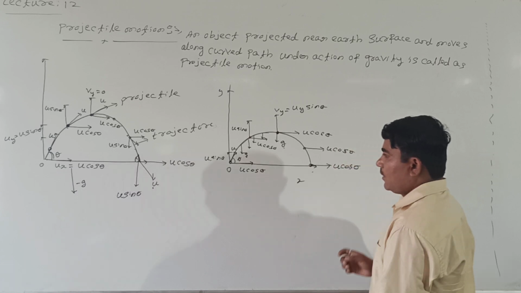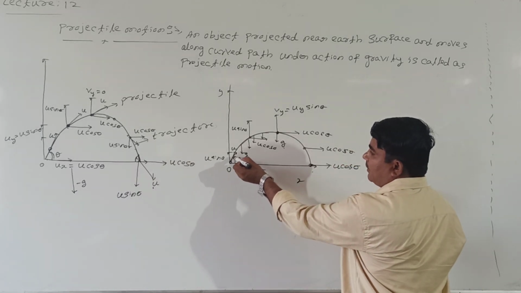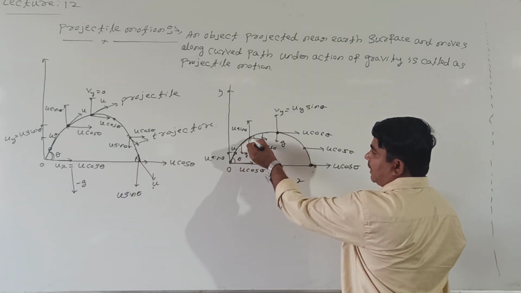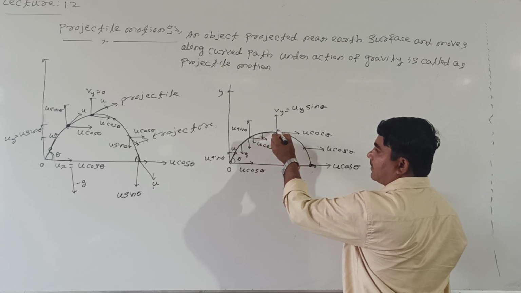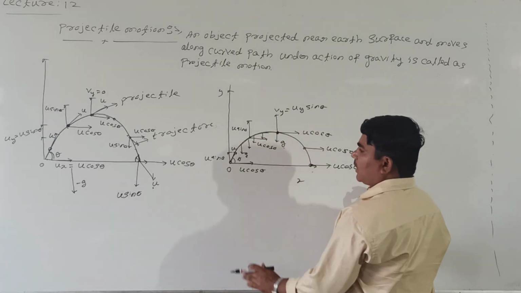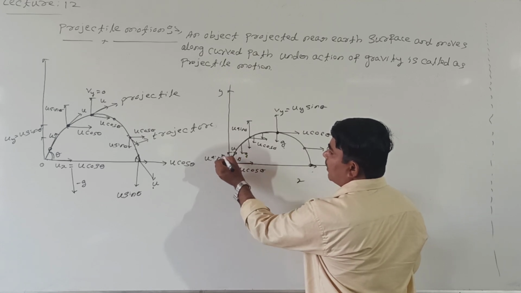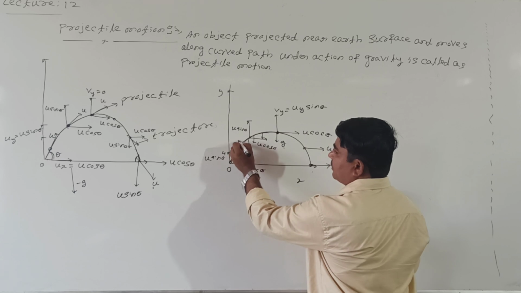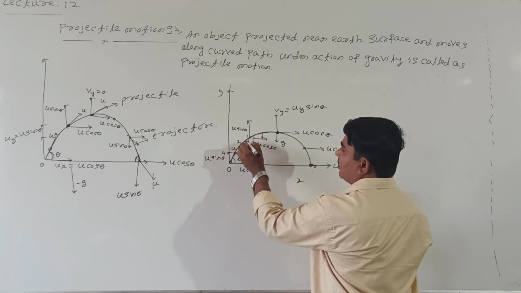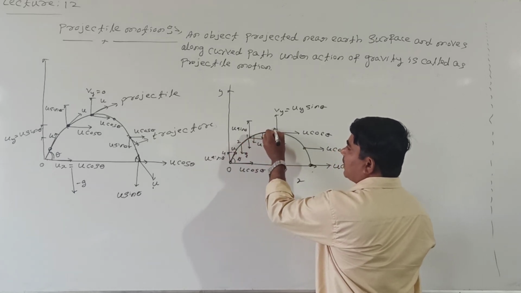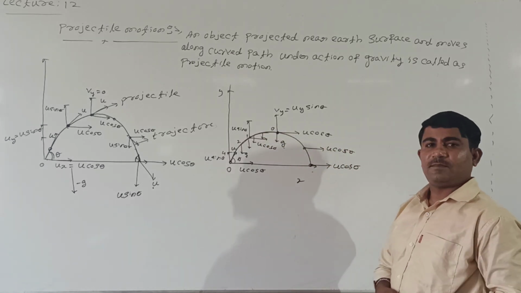From this point to this point, vertical velocity gradually decreases. At this point it becomes 0. For example, I will take the vertical velocity here as 4. Here vertical velocity 4 is there. This becomes 2. This becomes 1. At this point exactly, vertical velocity is 0.